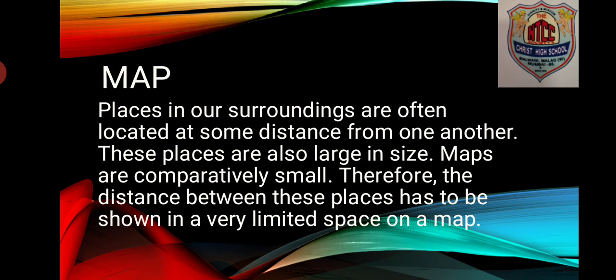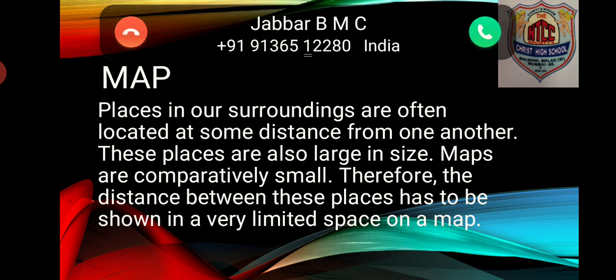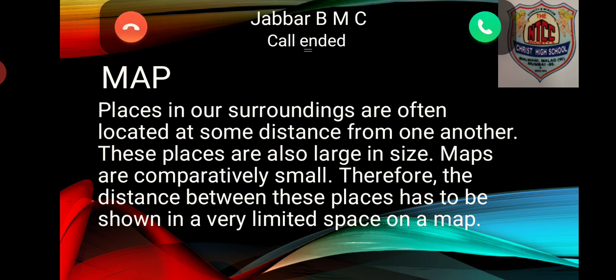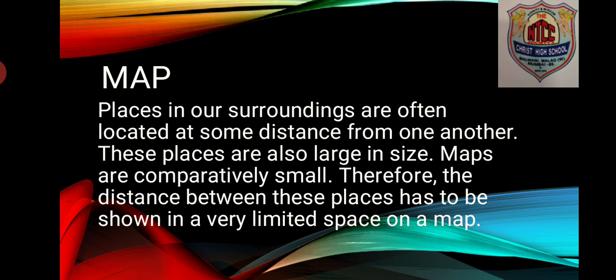Map. Places in our surroundings are often located at some distance from one another. These places are also large in size. Maps are comparatively small. Therefore, the distance between these places has to be shown in a very limited space on a map.